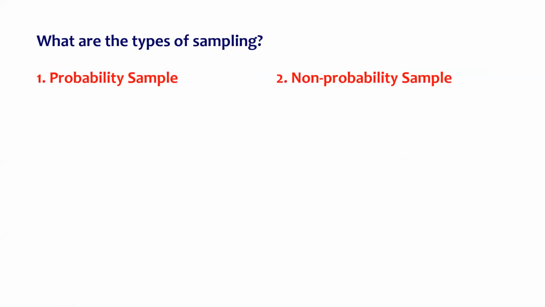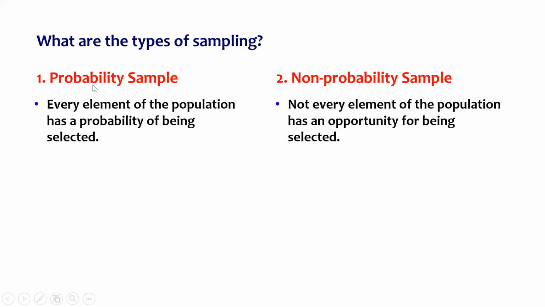What are the types of sampling? In general, we divide the types of sampling into probability sampling and non-probability sampling. In probability sampling, every element of the population has a probability of being selected in the sample. If this probability is not available, then it is non-probability sampling.